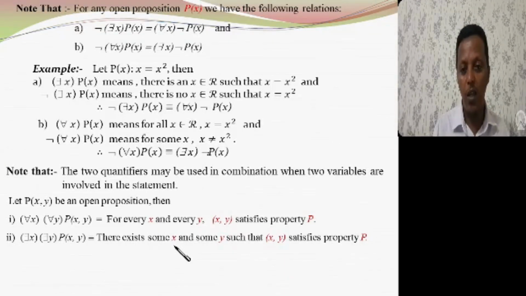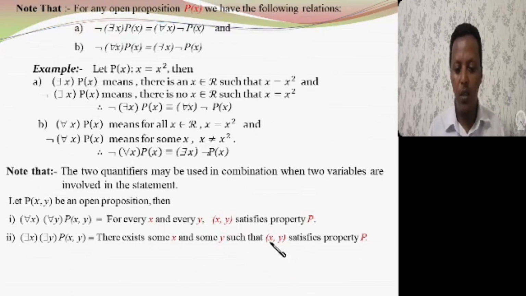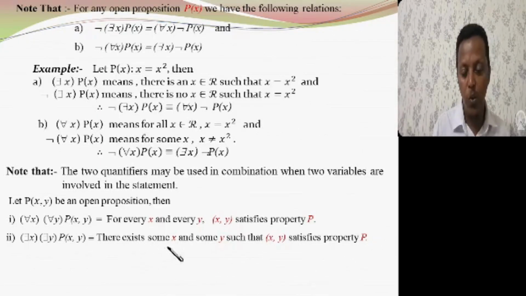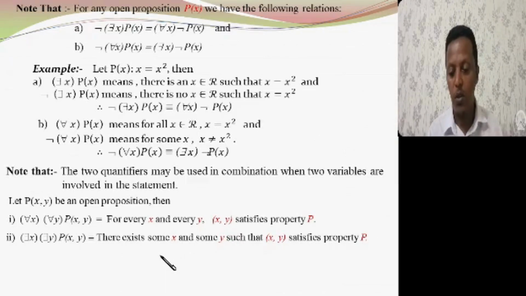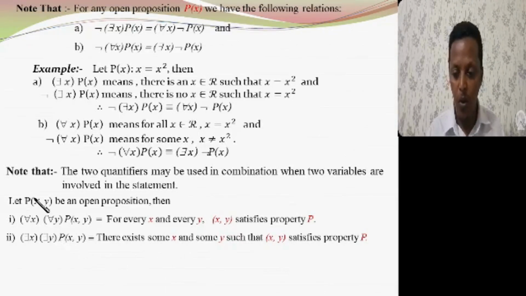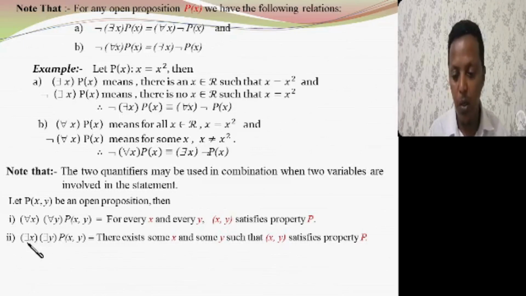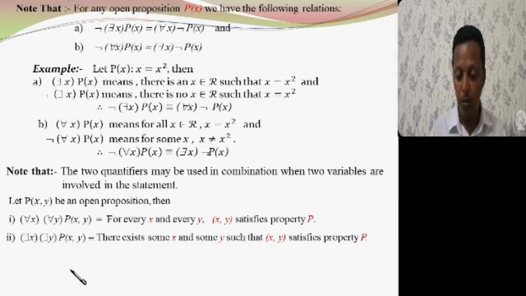If you can get at least one x and one y, where x comma y satisfy the property of P, it will be true. Otherwise, it will be false. So we convert the open statement containing two variables into a true or a false statement by using existential quantifiers twice for the two variables.